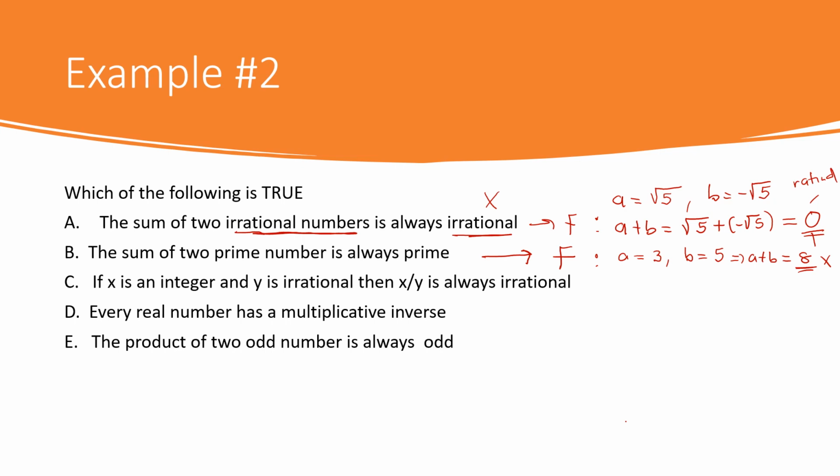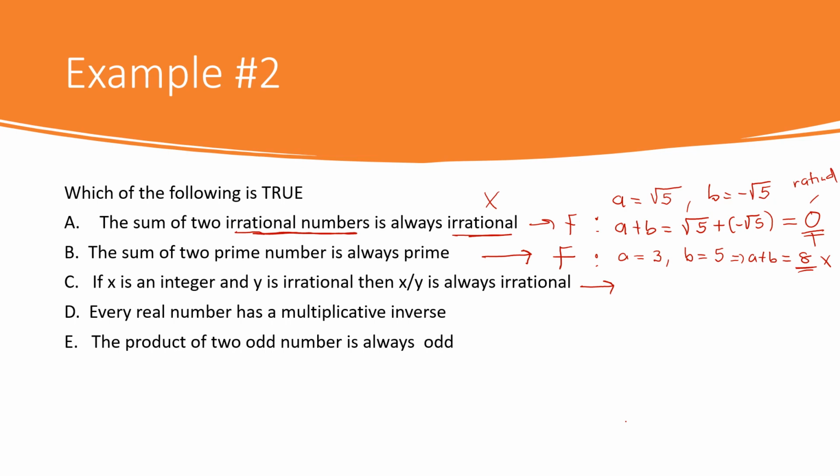Okay, so this one, number C, says if x is an integer and y is irrational, then x over y is always irrational. Now, think about this a bit. X is any integer, and y is irrational.